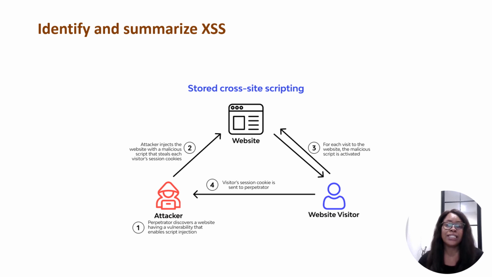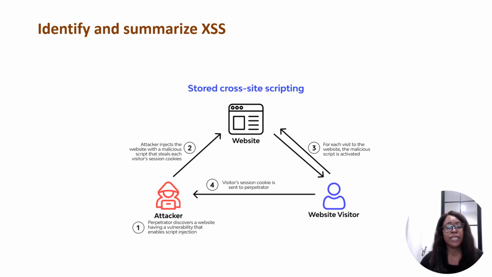So XSS attacks are carried out by exploiting vulnerabilities in the code of web applications. The main goal of this attack is to cause damage to the web application, but it is the users who are most vulnerable and affected by this kind of damage. This is because the attacker can gain access to private and sensitive information.